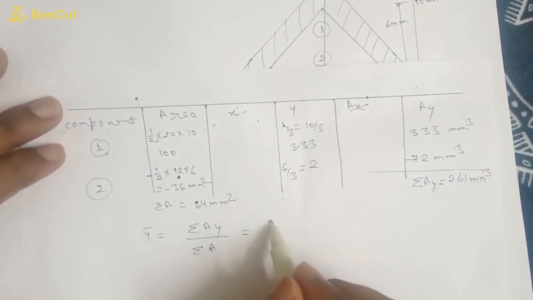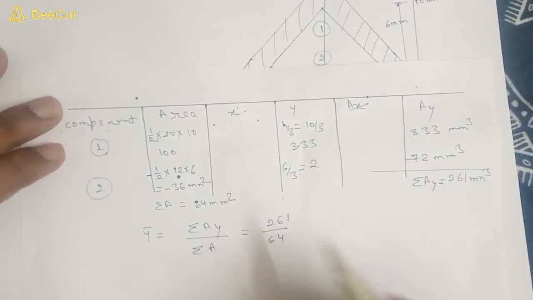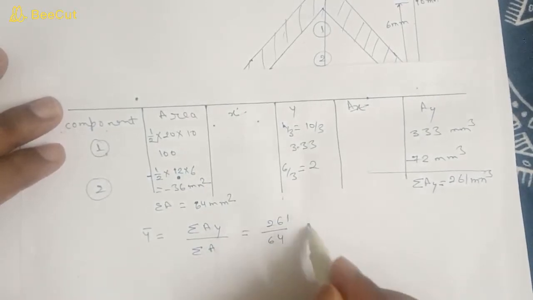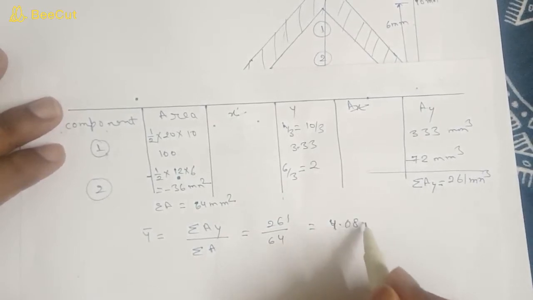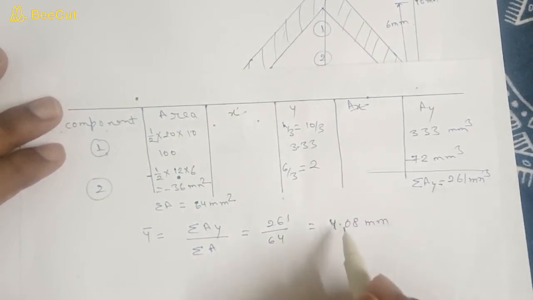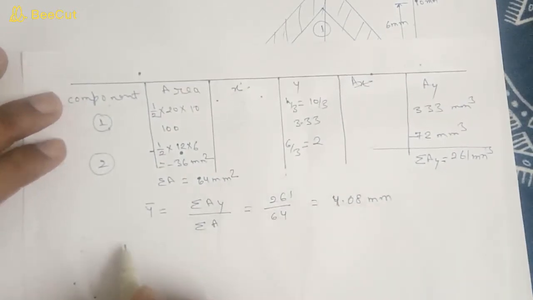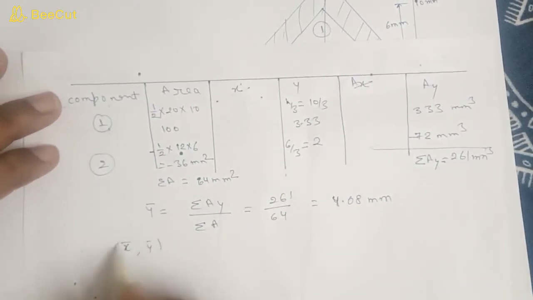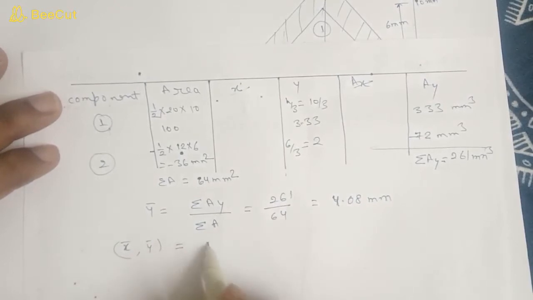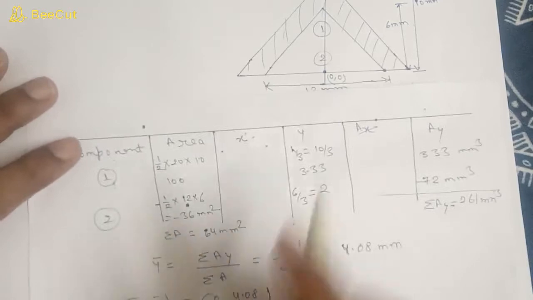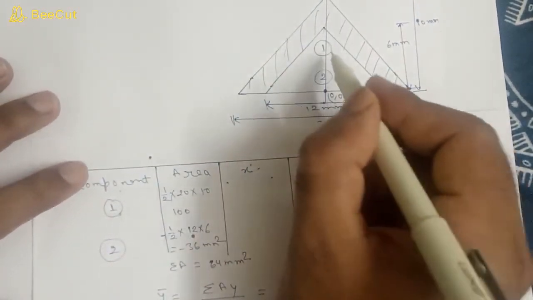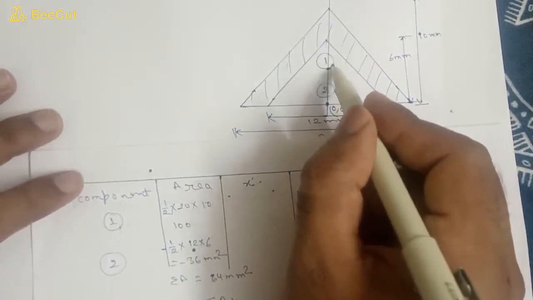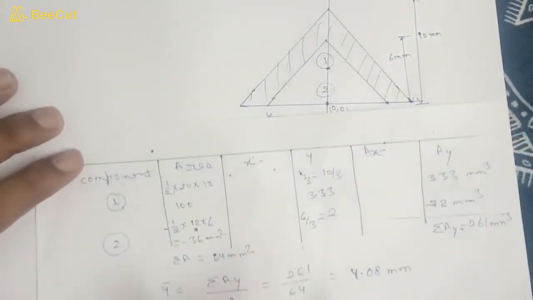So we will get 261 divided by 64, which gives the y coordinate of the centroid as 4.08 mm. We already know that x is 0. So x bar, y bar, the centroid of this shape, will be 0 and 4.08 mm from this origin. So 0 is here and 4.08 will be somewhere here. So the centroid will be somewhere here on this shape.